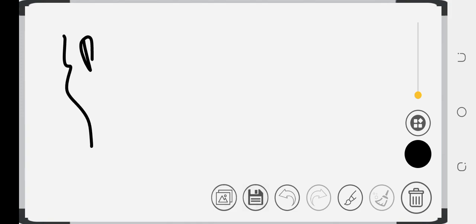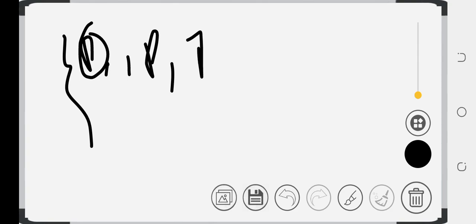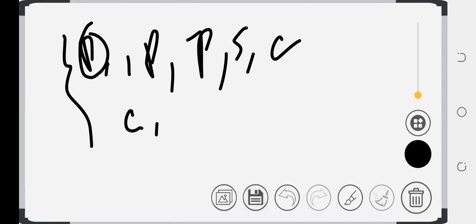It is like a collection of pens. There are some pens, some pencils, some pants, shirt, chalk, and cell phone, C for cell phone, and S for speaker. This is a collection, right?